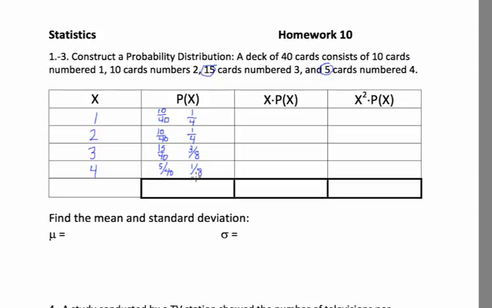Then do the X times PX column. I'm going to change to decimals at this point. You could keep it fractions, that would be fine. Next, the X squared times PX column. So X squared, I want to do 1 squared times 1/4.